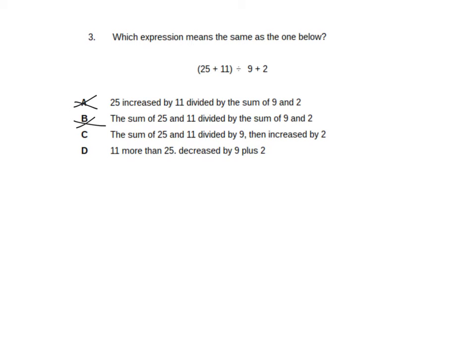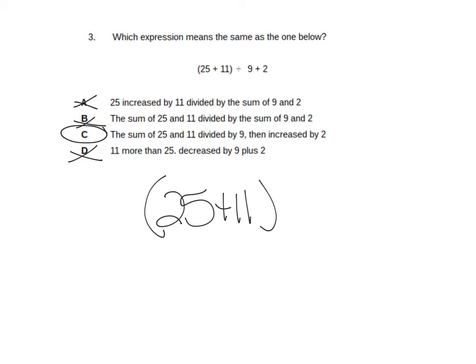And then D says 11 more than 25, which is correct, decreased by 9 plus 2. Does that mean decreased? No, that's divided by. So D also doesn't make sense. If we were to write these out, the sum of 25 and 11 would be 25 plus 11 divided by 9, then increased by 2. So C is the correct answer.